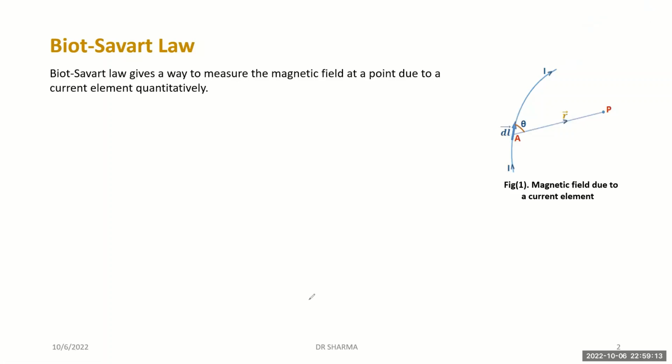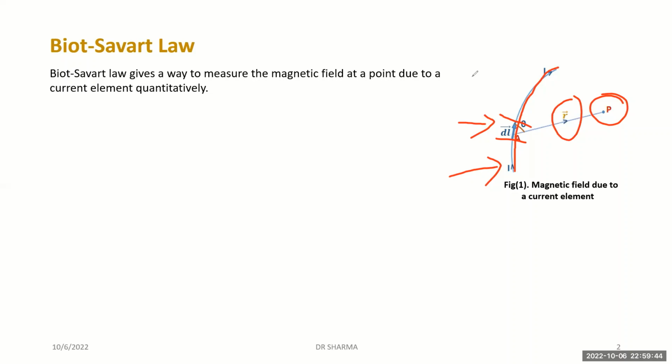Consider this figure. This is a current carrying wire. Here we have considered a small length dl that also carries the same current as the conducting wire. The magnetic field is calculated, or given, by Biot-Savart law at some distance from that current element.